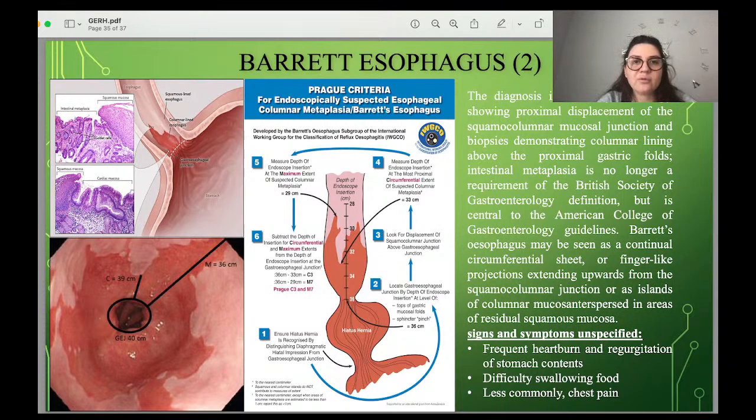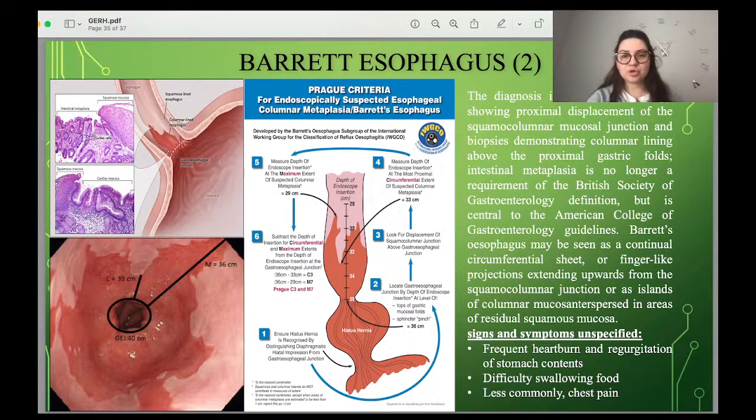The diagnosis of Barrett esophagus shows proximal displacement of the squamo-columnar mucosal junction and biopsies demonstrating columnar lining above the proximal gastric folds. Intestinal metaplasia is no longer a requirement of the British Society of Gastroenterology definition, but is central in the American College of Gastroenterology guidelines.